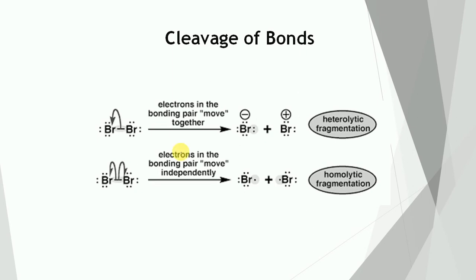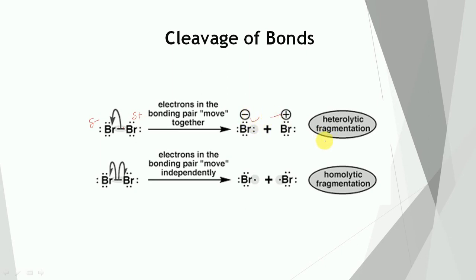So let us take two examples. In the first case, the bond is going to break heterolytically, and both the electrons are carried by one atom. So the negative charge will appear on this carbon and the positive charge will appear on this carbon, and finally the bond can break and ions will get formed.